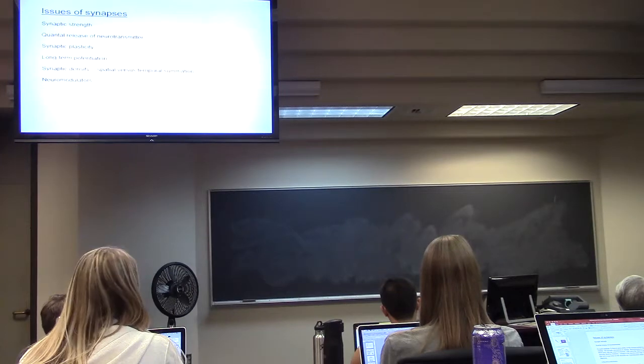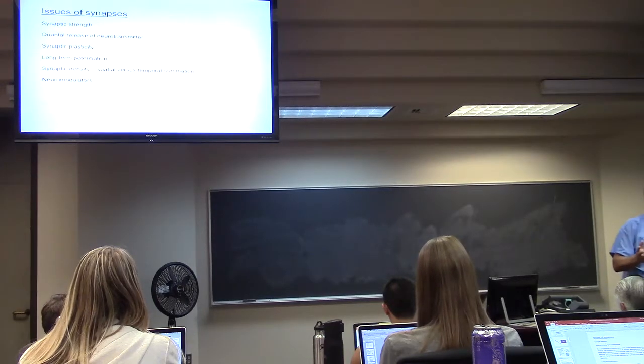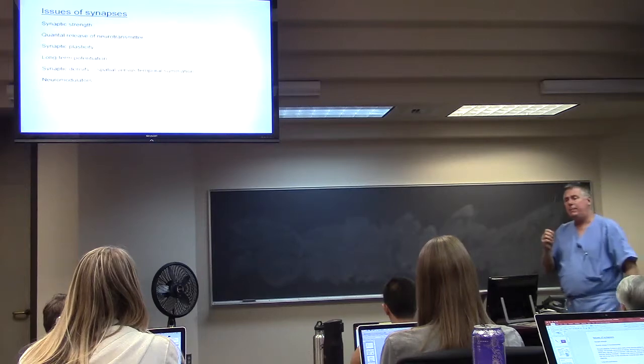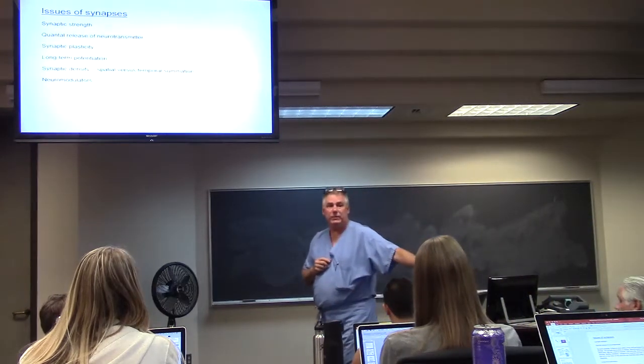So I have done something to make him change so that the change becomes longer. It's more pronounced. That's long-term potentiation, summarized. Synaptic strength means how much we build that relationship.